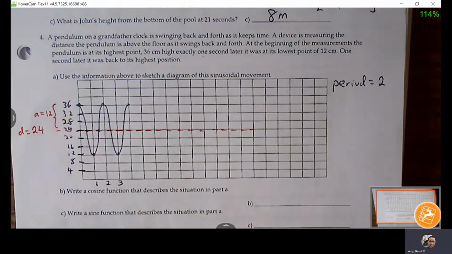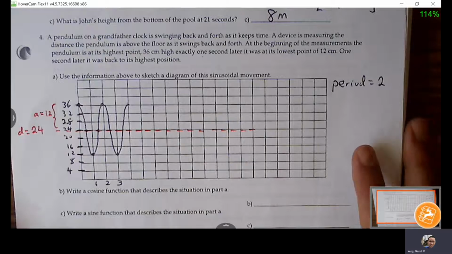Because we have to convert to sine later, it helps to have that subinterval, right? That subinterval is going to help us know how far to shift left and right.